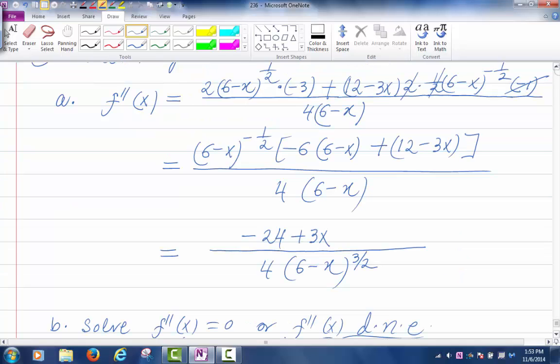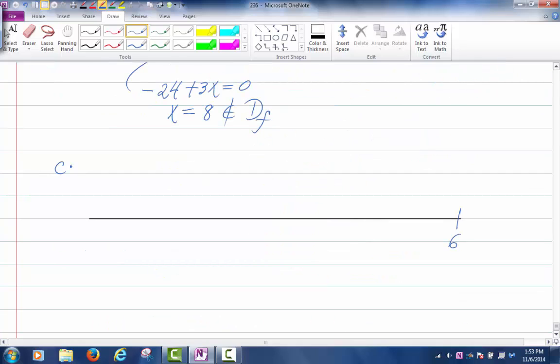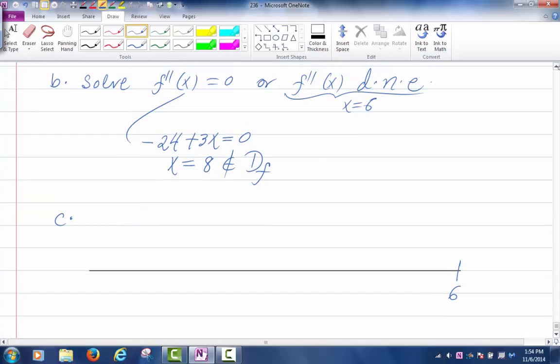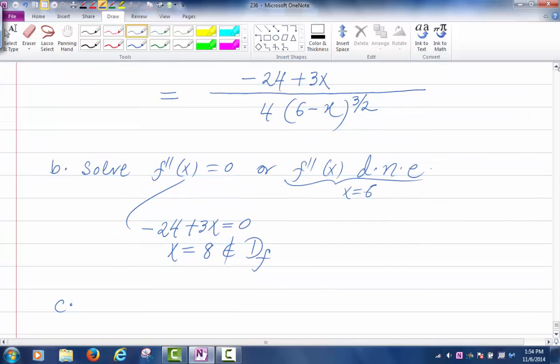So that means the second derivative is going to be either positive or negative throughout. And look at the second derivative formula. The denominator once again is positive no matter what x is, because it's the positive root of 6 minus x. In the numerator it is negative 24 plus 3x, right?